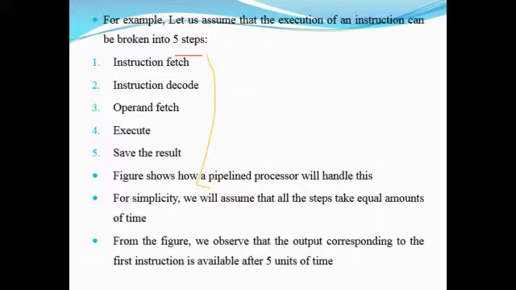For simplicity, we will assume that all the steps take an equal amount of time, the same thing I told earlier. If I consider the interval time t, then for all the steps in this operation we require an equal amount of time t. From this we can see that 5 steps take 5 units of time, that is 5t.